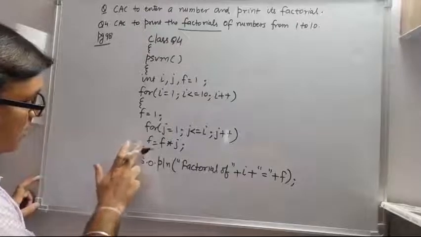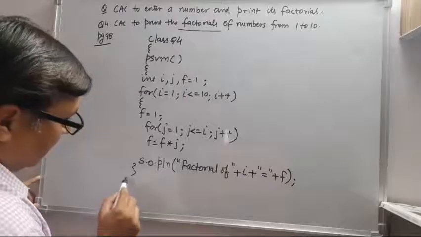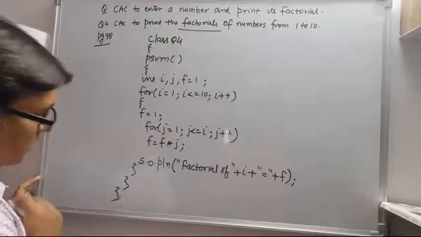This will not be closed here, this will be closed here, and after that we will close this function bracket and then this class bracket.